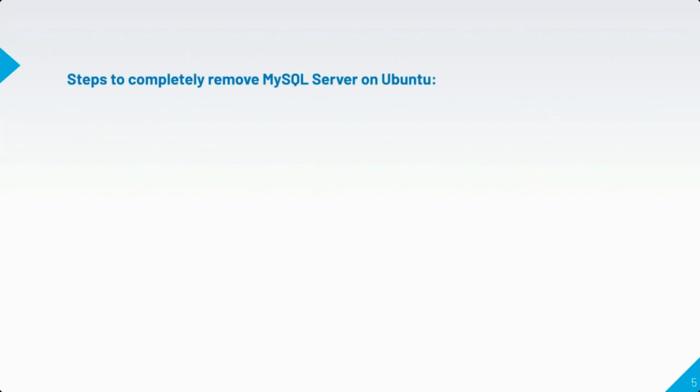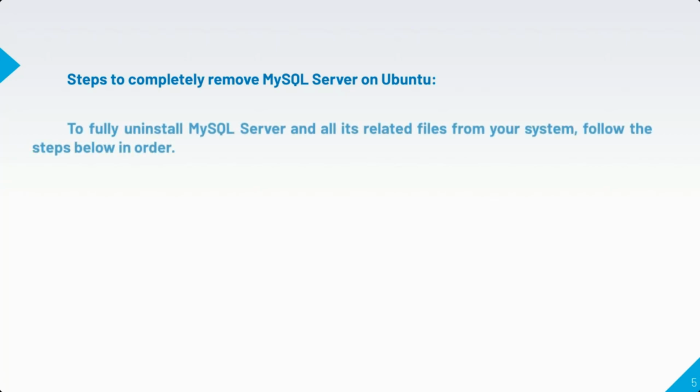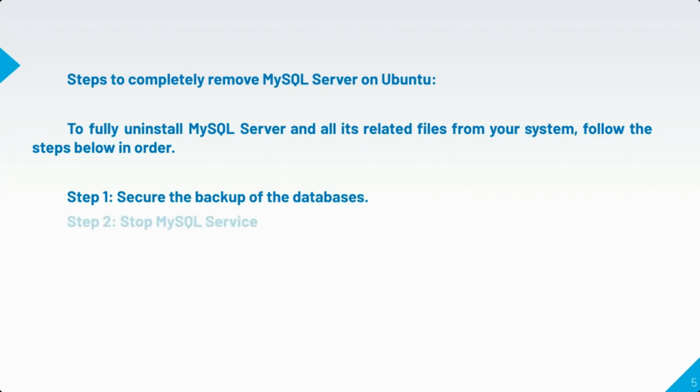Steps to completely remove MySQL Server on Ubuntu. To fully uninstall MySQL Server and all its related files from your system, follow the steps below in order. Step 1. Secure the backup of the databases. Step 2. Stop MySQL service. Step 3. Uninstall MySQL packages.